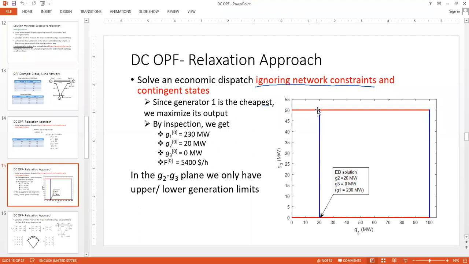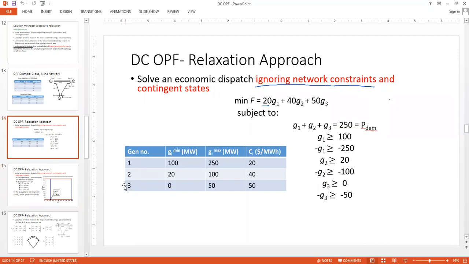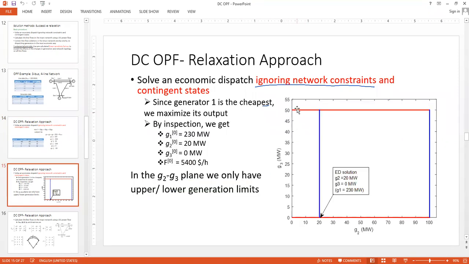So these two vertical blue lines are the two limits, the lower limit and the upper limit for generating unit 2. Similarly, let's check the limit for generating unit 3. For generating unit 3, the lower limit is 0 and the upper limit is 50. So again, plot them with red lines. The colors are simply chosen arbitrarily just to differentiate between the units. The blue lines correspond to generating unit 2, and the red lines correspond to generating unit 3.